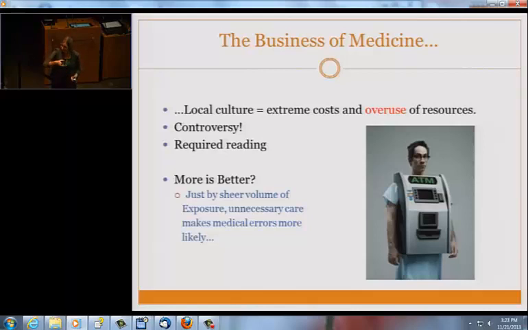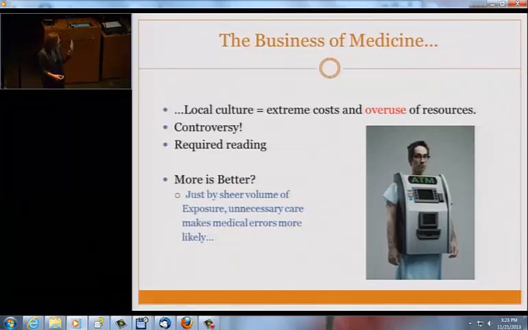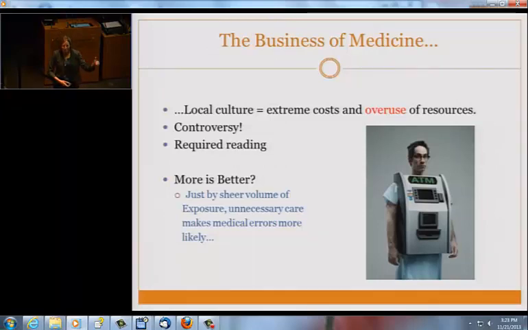And these pockets of spending and this variation in spending was really getting the government's attention. This is where a lot of that information comes from. So just by sheer volume of exposure, unnecessary care probably makes medical errors more likely to happen. Okay? Sometimes the more you do, the more complications we see.